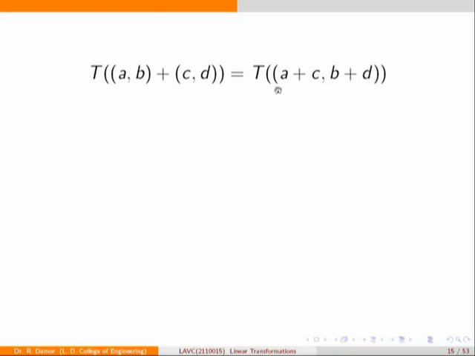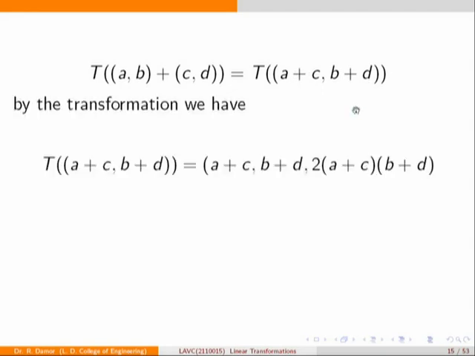So how do you define this? It is equal to (a plus c, b plus d), first coordinate, second coordinate, plus twice the multiplication of these two coordinates. First coordinate a plus c as it is, second coordinate b plus d, and twice the multiplication of the two coordinates a plus c and b plus d.